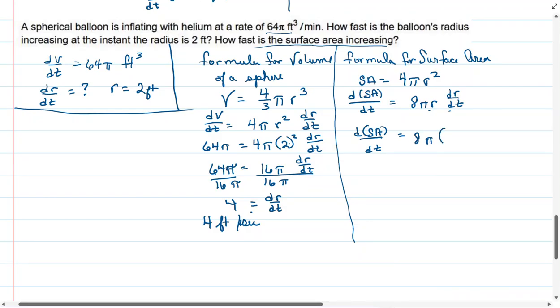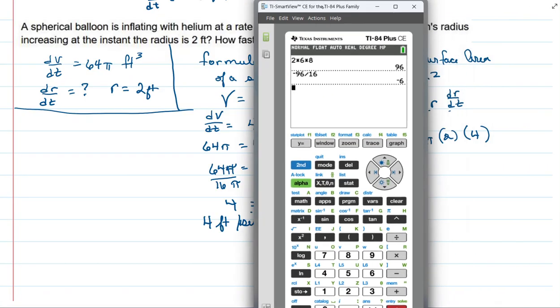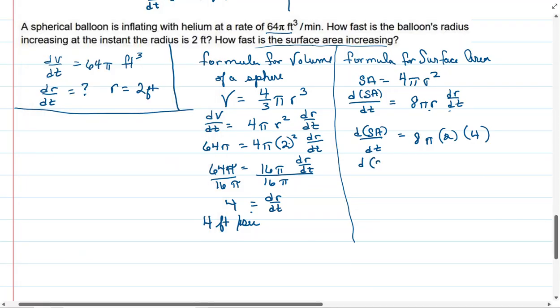Our r is 2 at the point of this evaluation, times the dr/dt of 4. And this is in feet squared per second.